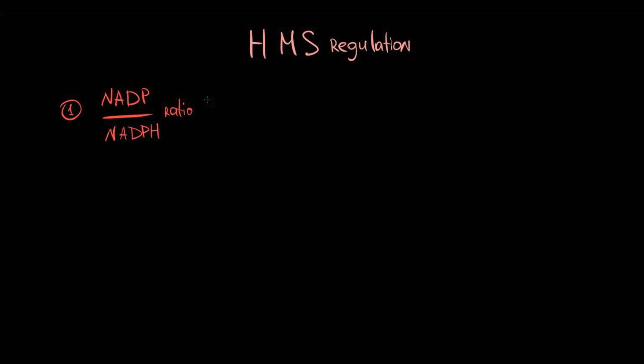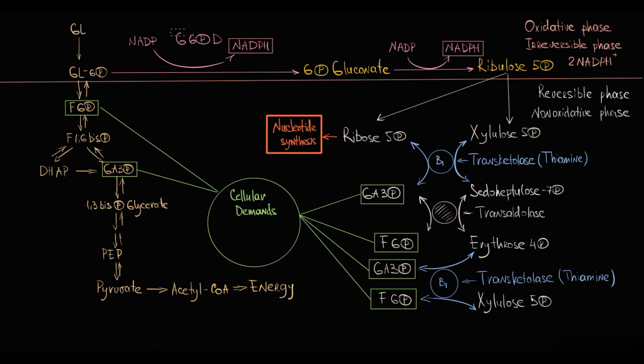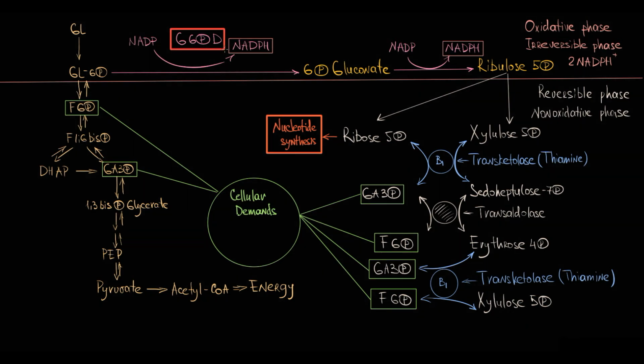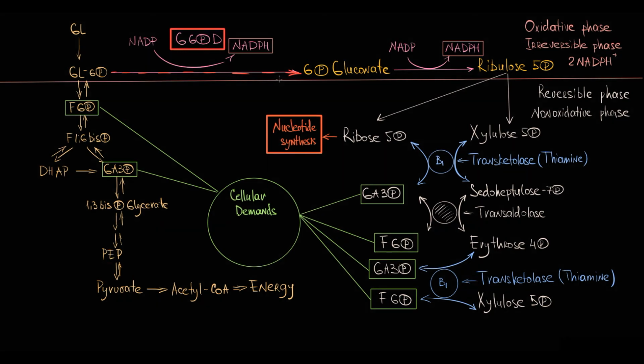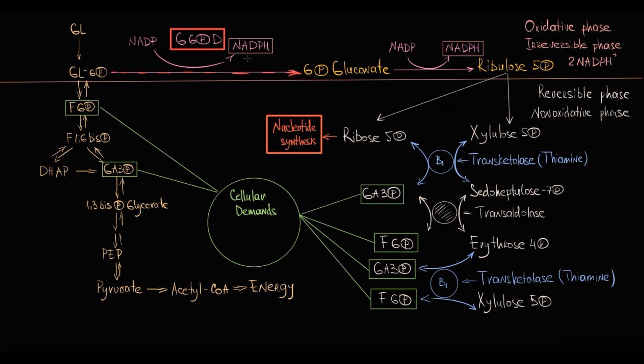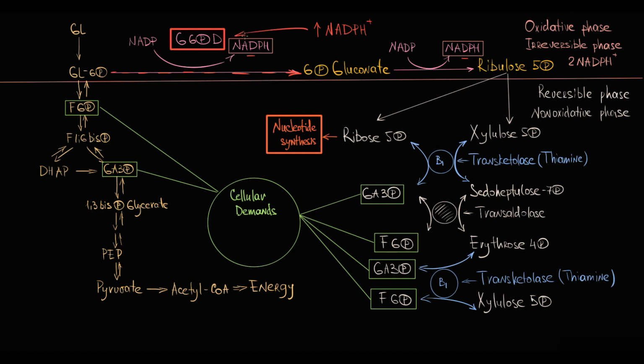To explain this, recall that the major rate-limiting enzyme in the hexose monophosphate shunt is glucose 6-phosphate dehydrogenase. This enzyme basically takes glucose 6-phosphate into the oxidative phase of the shunt. The oxidative phase results in production of NADPH molecules. An increase in NADPH, the product of the oxidative pathway, allosterically inhibits this enzyme.